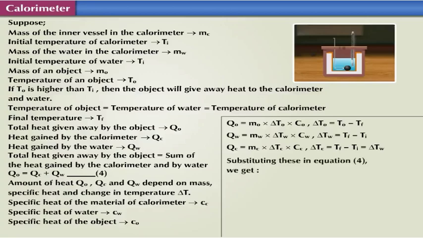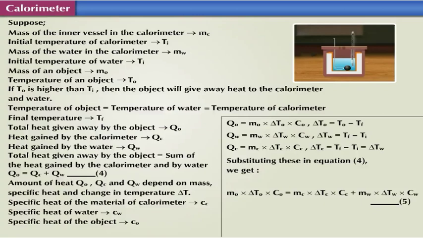Substituting these in equation 4, we get Mo into delta To into Co is equal to Mc into delta Tc into Cc plus Mw into delta Tw into Cw, and this is equation 5.